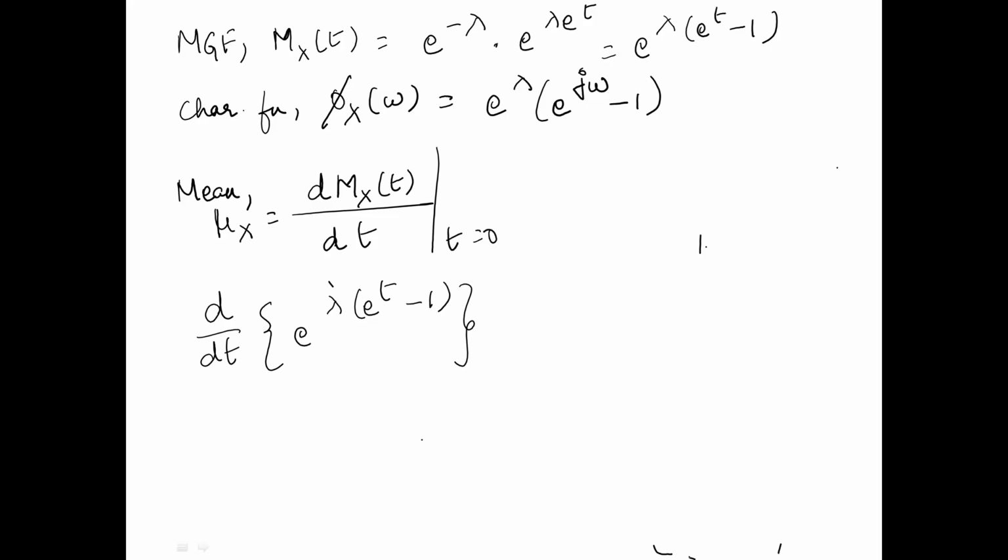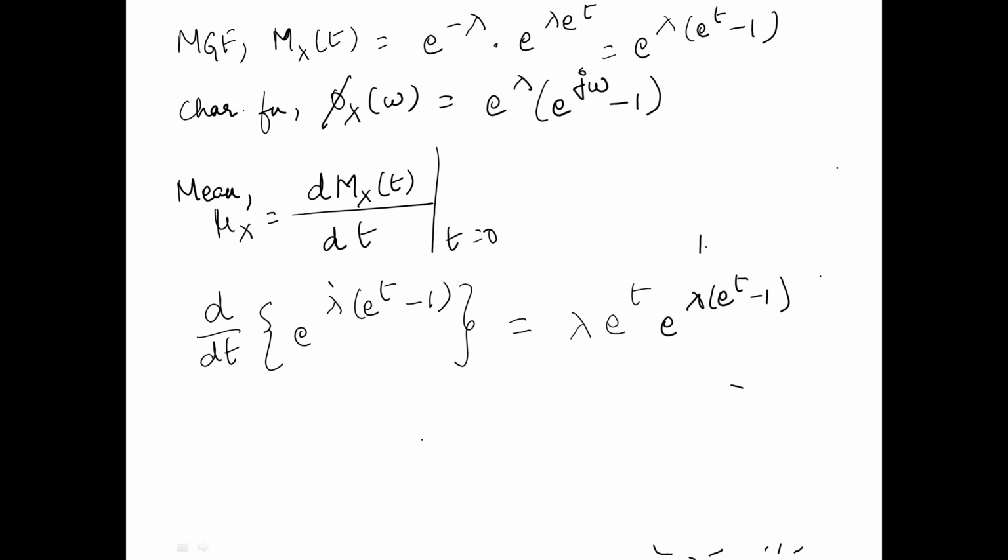So this is going to be lambda e power t outside, because minus lambda is going to be a constant, there won't be any differentiation, followed by e power lambda times e power t minus 1.